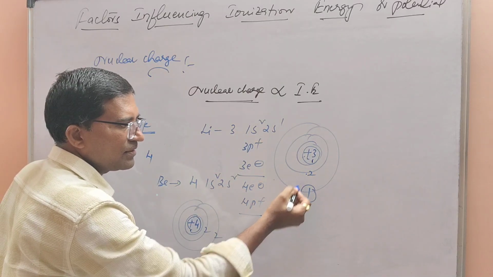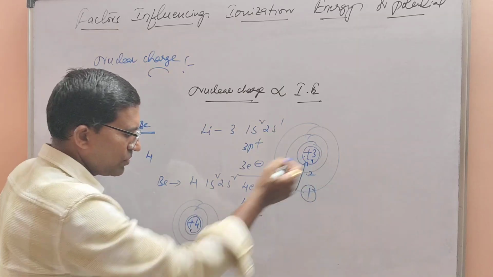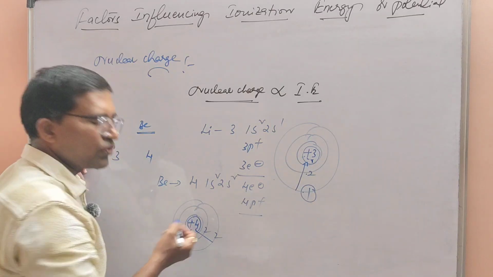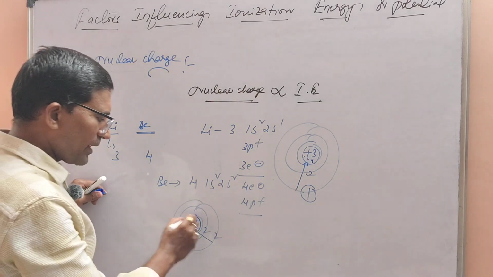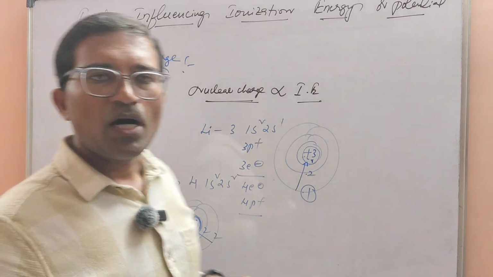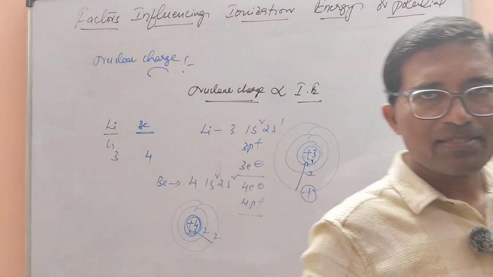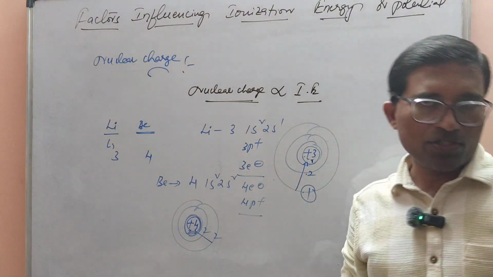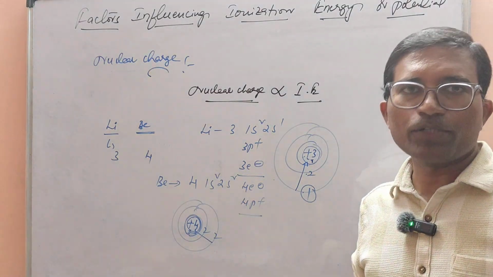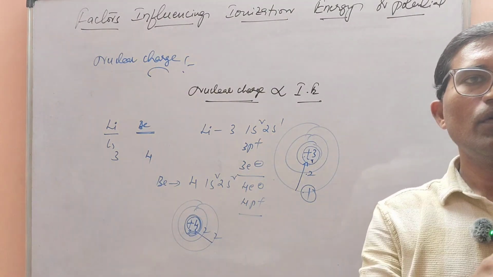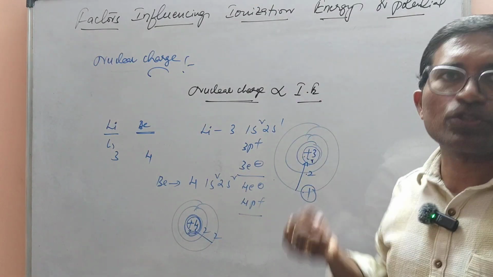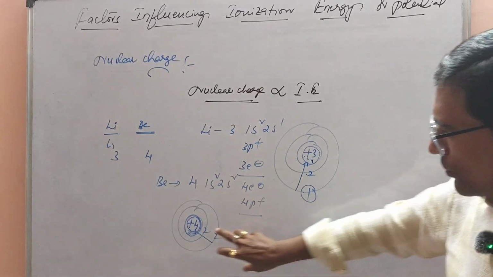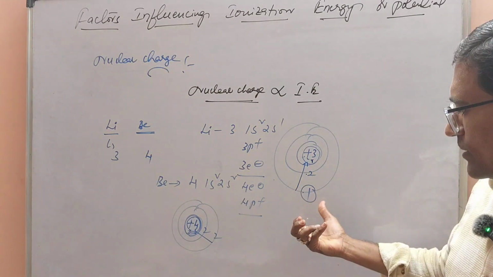There is an attractive force here also, but here the attractive force towards the nucleus is more because the nuclear charge is more. So as the nuclear charge is increasing, ionization energy also increases. A nucleus with more charge will attract the electrons towards it with a higher attractive force. So it is very difficult to remove the electron here compared to this case.